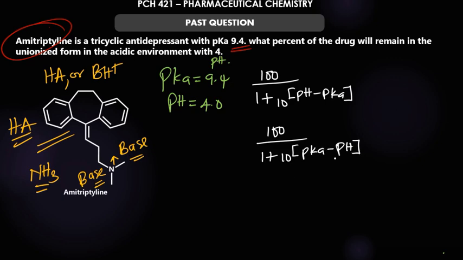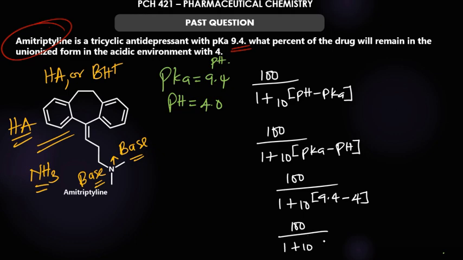So you have 100 divided by 1 plus 10 to the power of pKa, in this case 9.4, minus pH, which is 4. If you solve this, it gives 100 divided by 1 plus 10 to the power of 5.4.